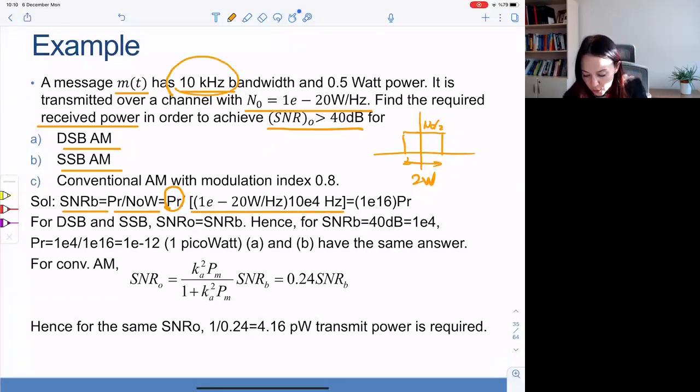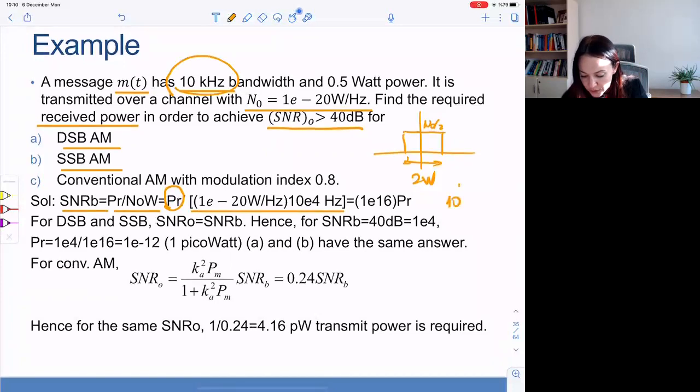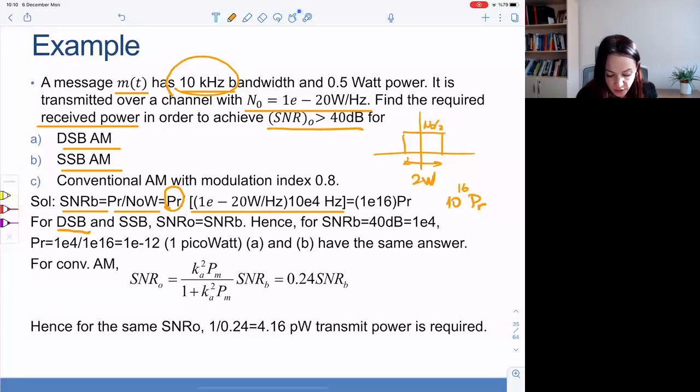So it's 10 to the 16 times the received power. Now we're going to compute what the received signal power should be in order for us to achieve this output SNR. Now for double sideband and single sideband, output SNR is equal to the baseband SNR.